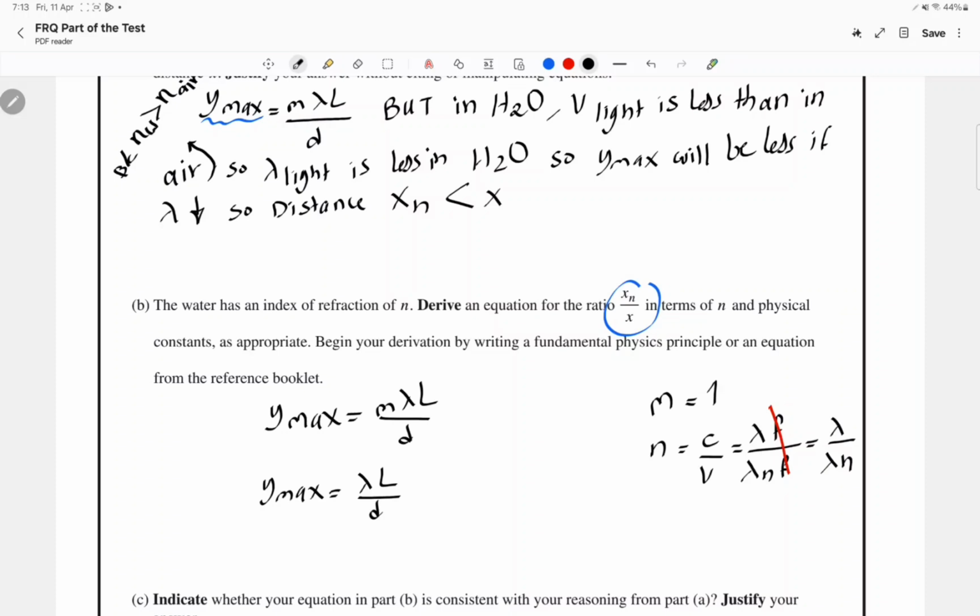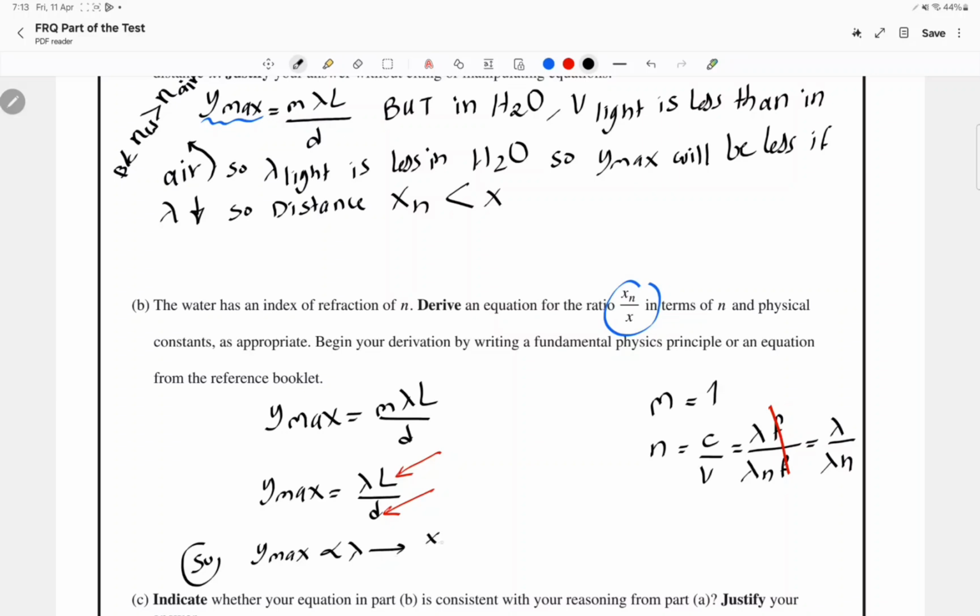Now, is the capital L changing? No. Is the small d changing? No. Only the lambda is changing. So actually, now I won't call it y max, I will call it x, right? That's what they want. So I'm going to say that y max is direct with lambda.